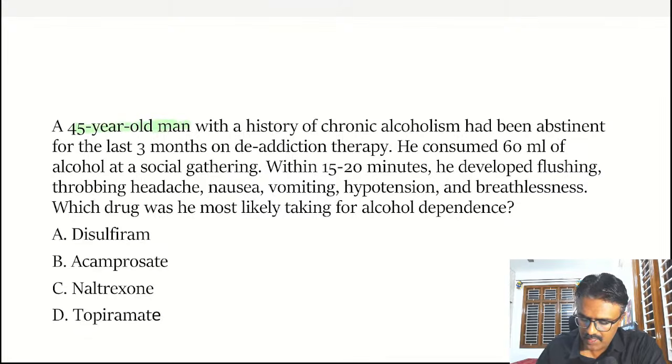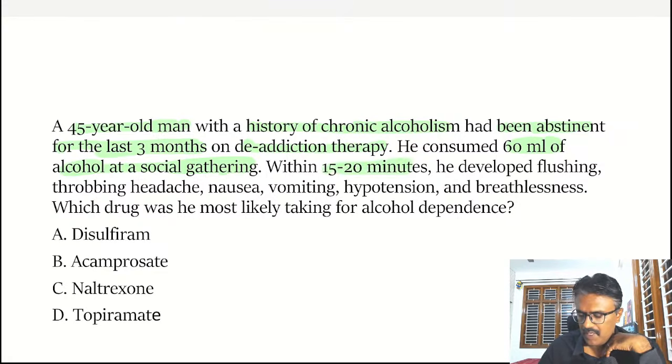A 45-year-old man with a history of chronic alcoholism has been abstinent for the last 3 months. He is not drinking, he is on de-addiction therapy. He consumed 60 ml of alcohol at a social gathering. He went to some party, they forced him to drink 60 ml, saying nothing will happen.